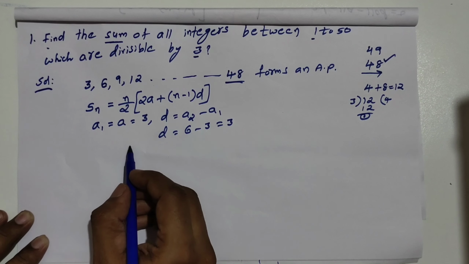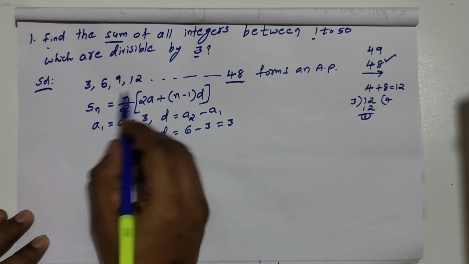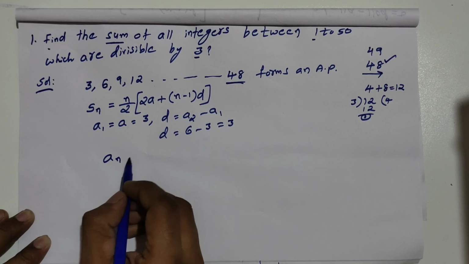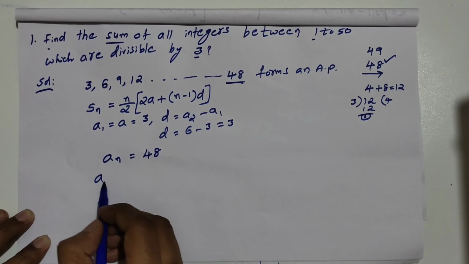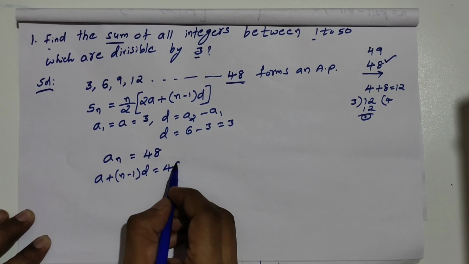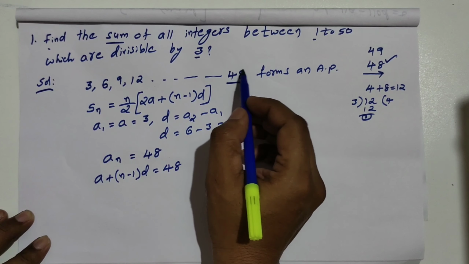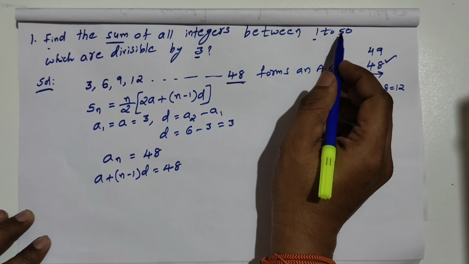Now we need to find the number of terms present in that progression. For that we need an, the last number, which is 48. So a plus n minus 1 into d is equal to 48. Why? Because it is a finite arithmetic progression ending with 48, as we need the divisibles between 1 and 50.